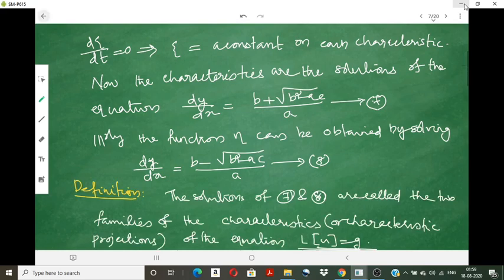Now the solutions of equations 7 and 8 give us the functions.